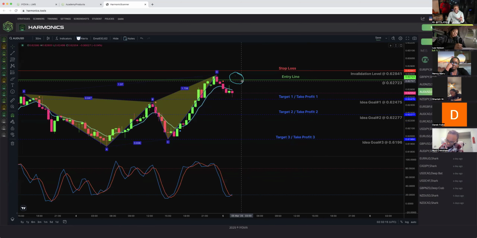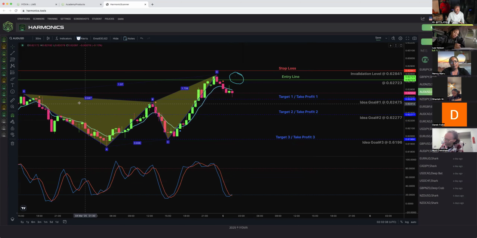Now, if the candle is near the green line, step number four is ask yourself whether the market is giving you a buy or a sell. Okay? And I'm gonna show you guys how to know how. You must understand if you're buying or selling.